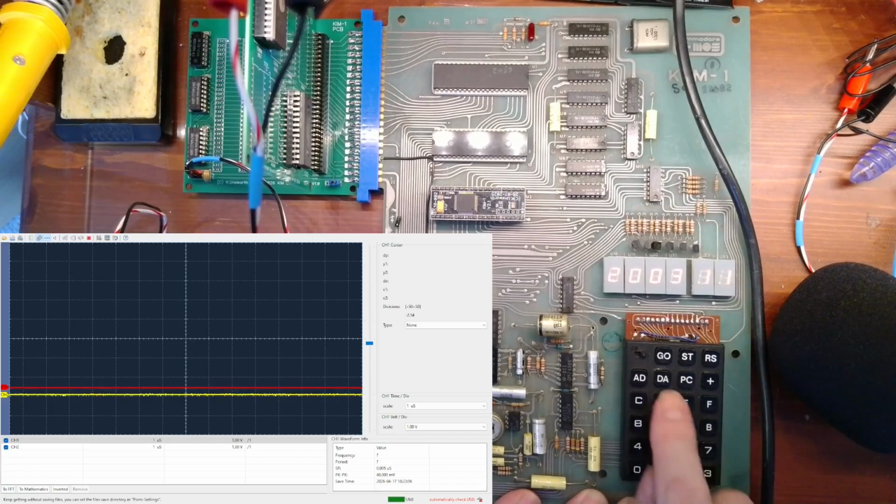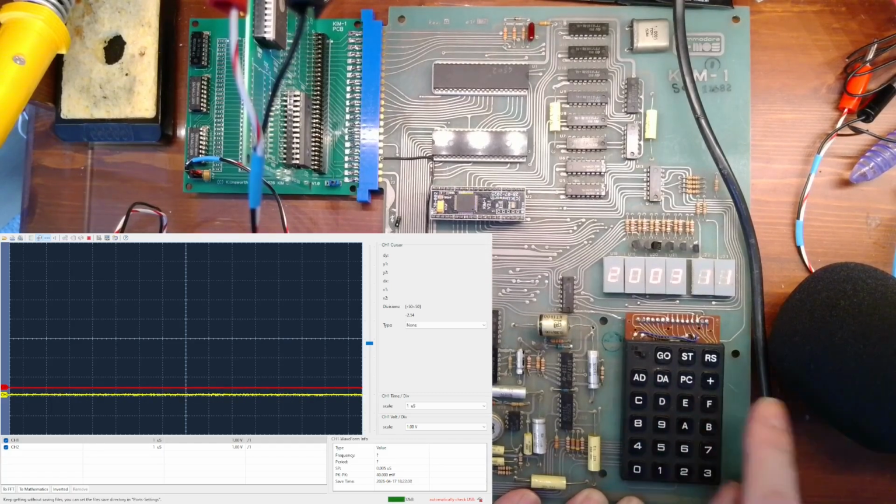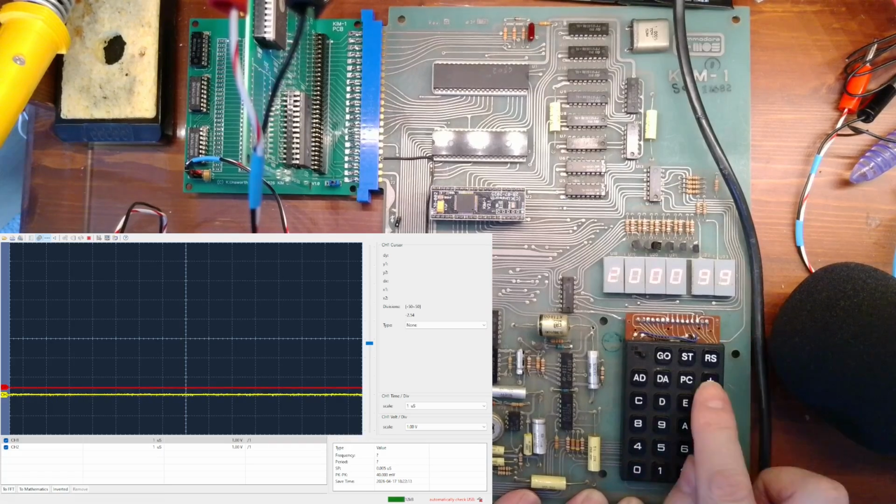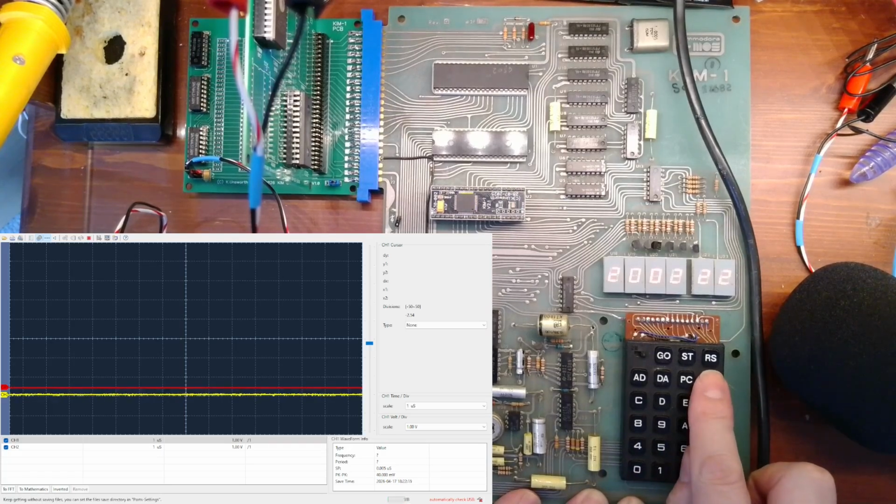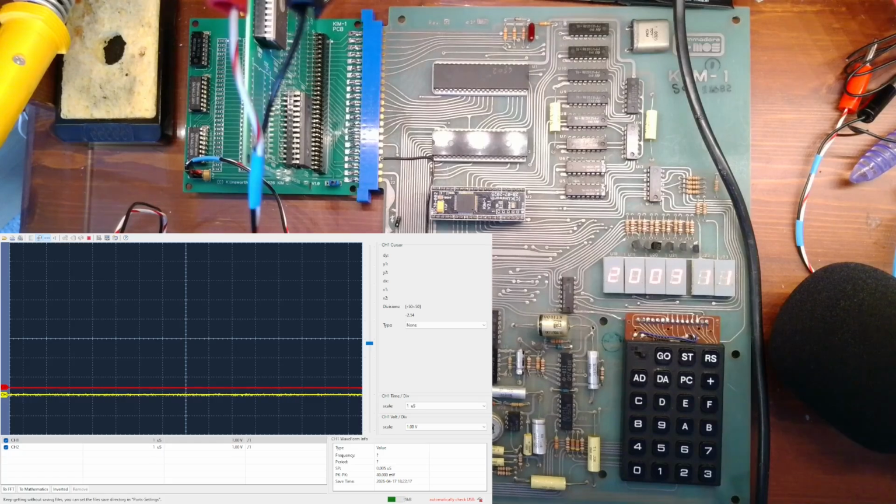Right, if we now go back to address 2000, 22, 99, 45, 22, 11. Well, assuming it's looking at that chip, it appears to be working.